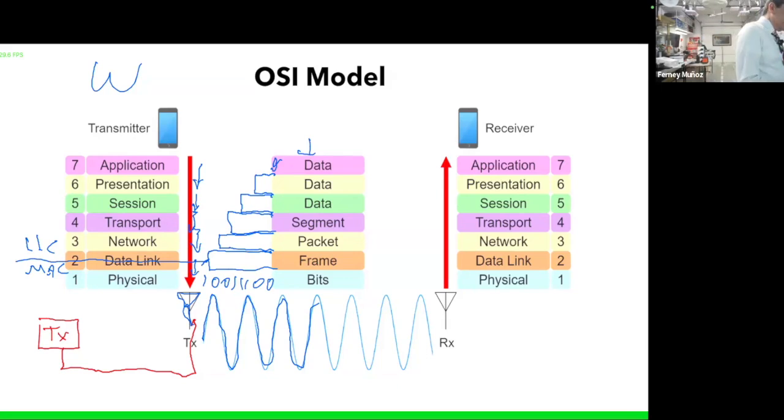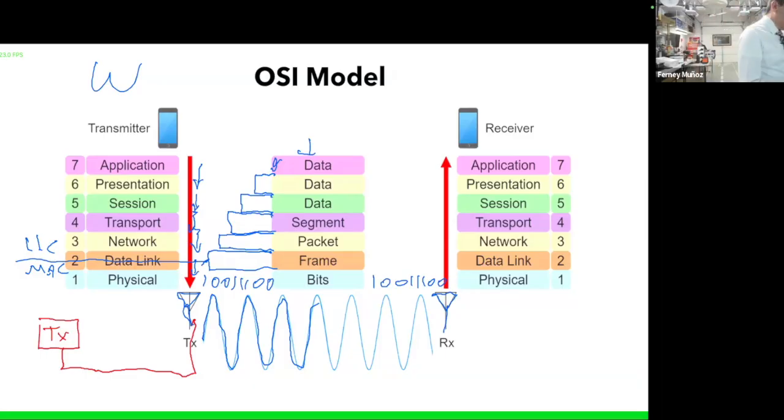Those waves will be received by the antenna on the other end, and it's going to get the ones and the zeros. We'll talk about modulations later and see how those waves represent ones and zeros, and then I'm going to get the ones and the zeros out of that transmission. I will check to make sure that they're good. If they are good, then I will send a confirmation saying it's good. If it's bad, I just discard it and move on.